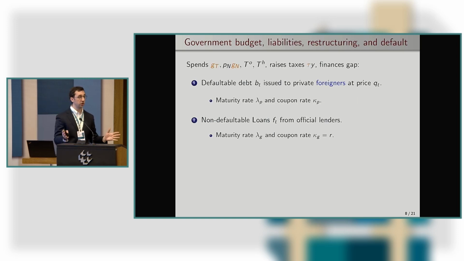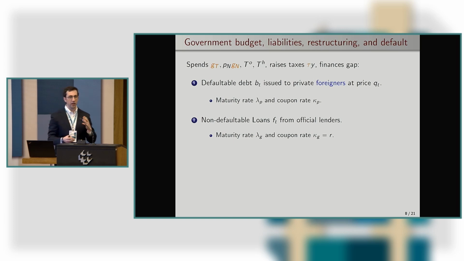Now, going to the government. The government has some set of expenditures. Some of these are exogenous. In particular, the government spending we're assuming is exogenous. It then chooses transfers, and there are going to be some taxes that it raises, and it's going to finance whatever spending it can't fund via taxes. It's going to do that using two instruments.